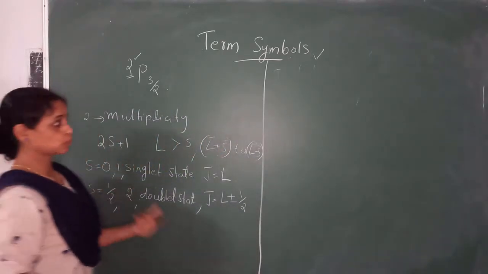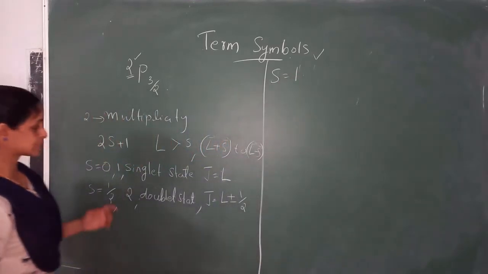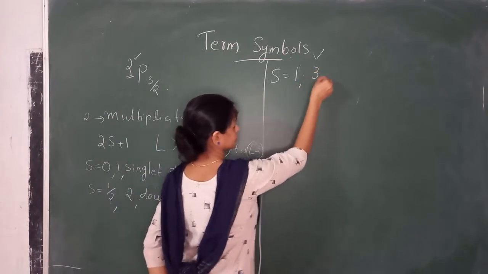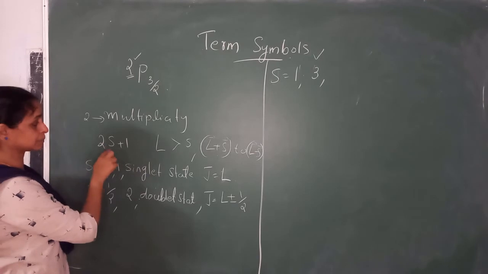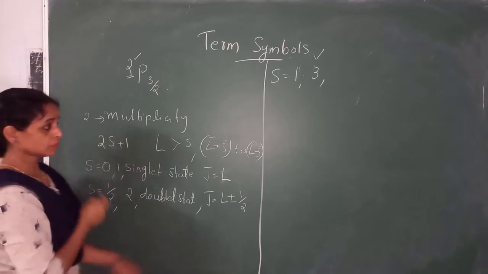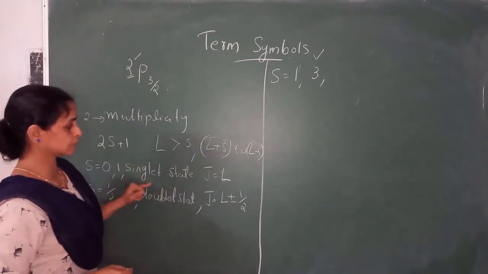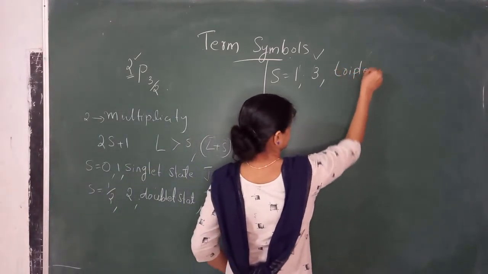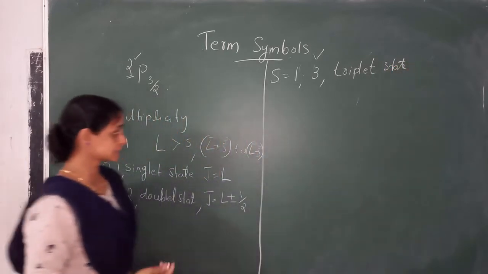When S is equal to 1, there will be a multiplicity of 3. 2S plus 1 will be the multiplicity, that is, the multiplicity is 3. This is a triplet state.